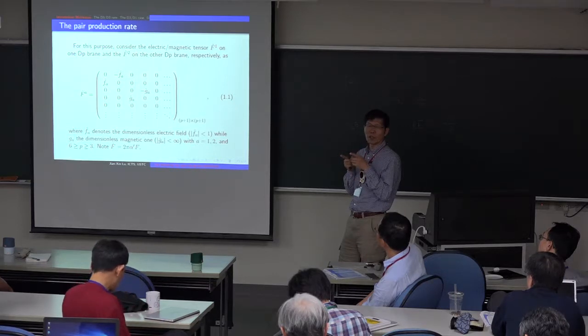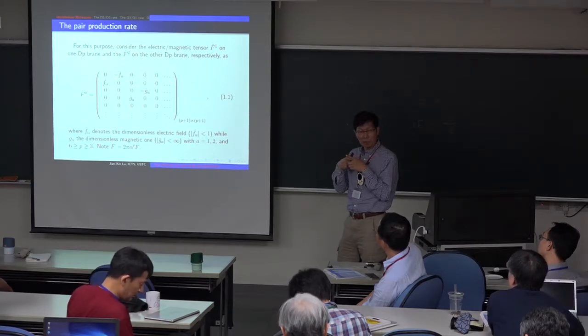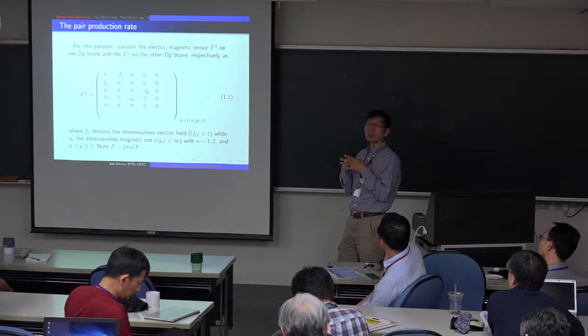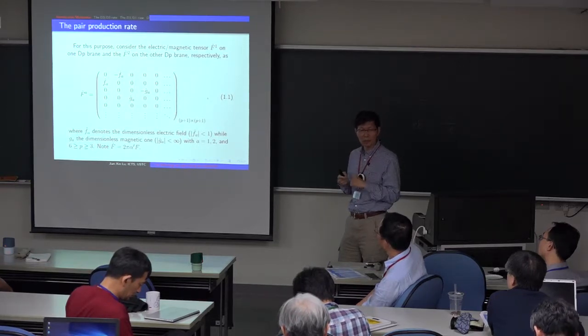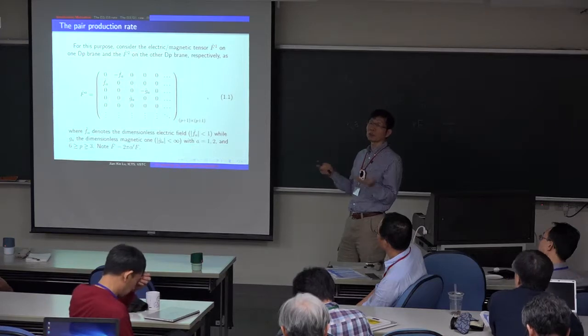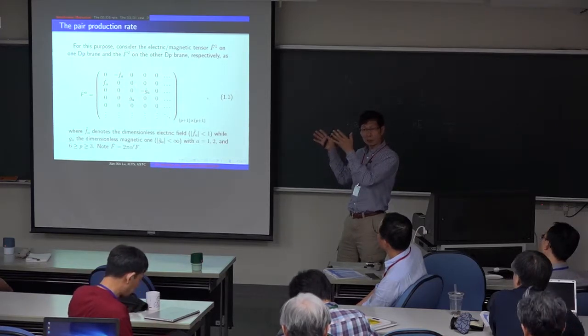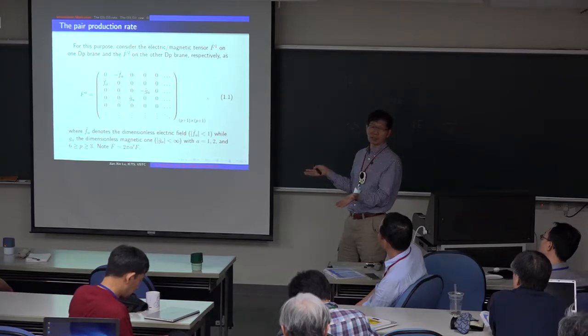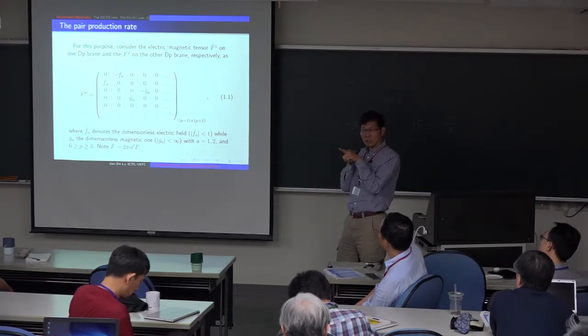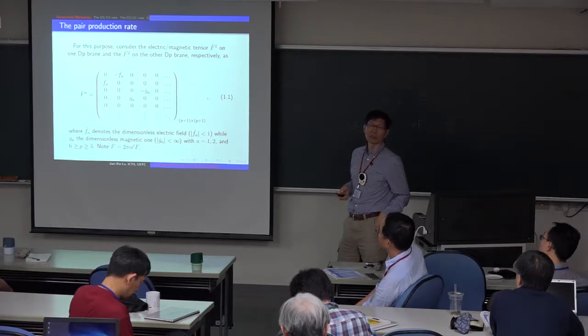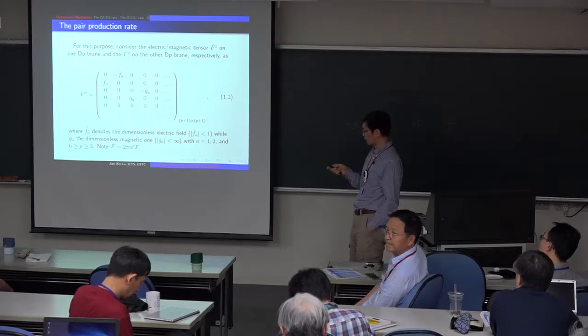But if E dot B is, for example, not parallel, then we can use a Lorentz transform to set either E equal to 0 or B equal to 0. If E equals 0, then we don't have pair production. If B equals 0, we cannot reduce the string mass, so we don't have enhancement. So it's only when E and B are parallel or anti-parallel that gives the most efficient pair production.